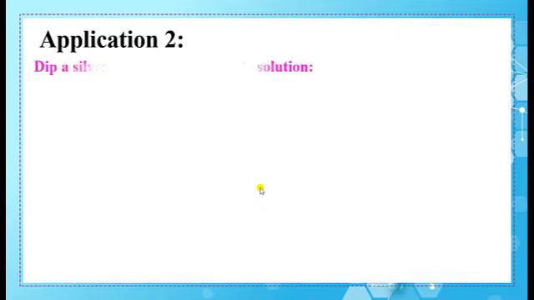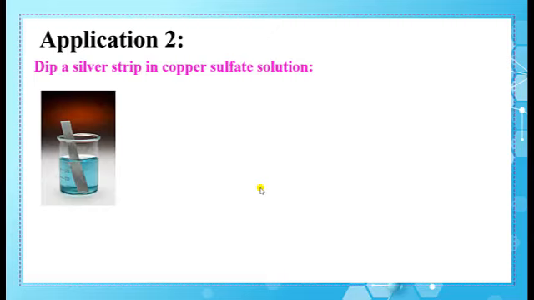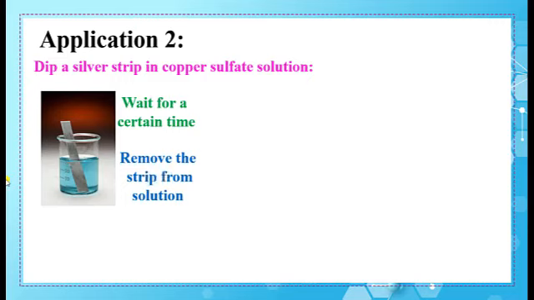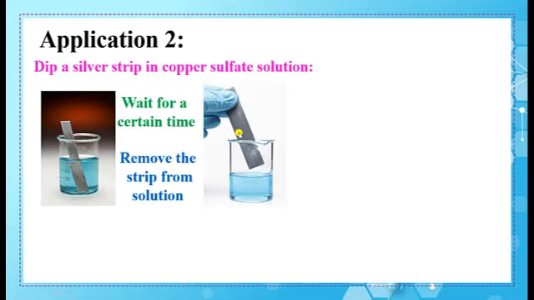Another application. If we dip a silver strip in a copper sulfate solution, look at the figure. This is the silver strip and this is the copper sulfate solution, which is blue in color. Leave it for some time and we remove the strip from the solution. Look what happens.